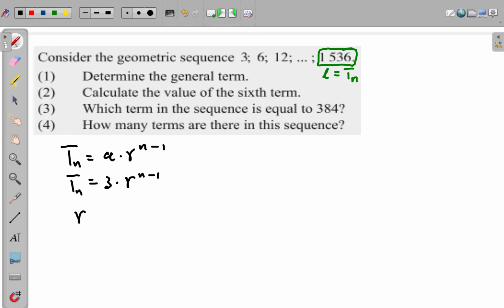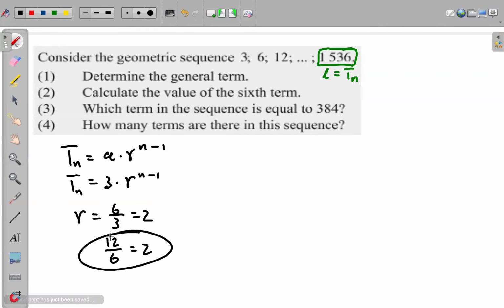So r should be 6 over 3, which is 2. And indeed, if I do 12 divided by 6, I get a 2. So this is just for me to double check. But of course, if you trust your first approach, then that is good. And I guess you really don't need to double check in this case, because they have already told you it is geometric. So this must be true.